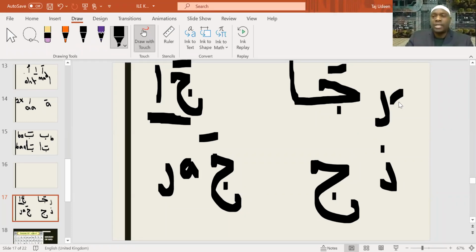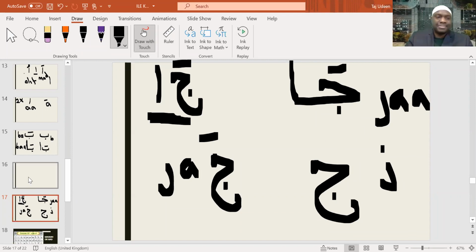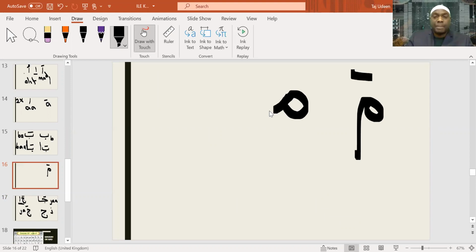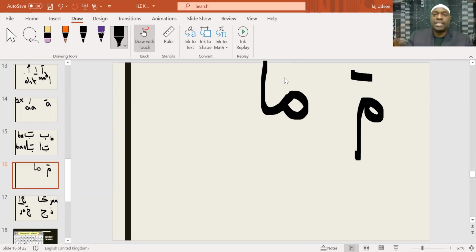So I write ja, then plus alif, jaa. Then if I write this, this is ma on its own. Then I write mim plus fatha plus alif, ma. Then it becomes what? Maa. Fatha is 1 count. With mad, it becomes 2 counts.